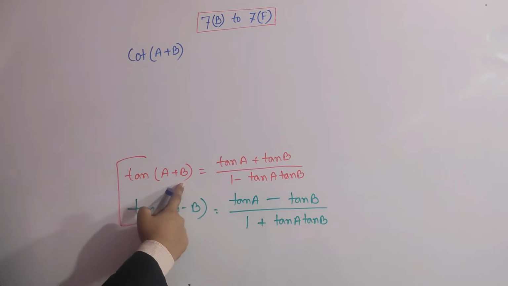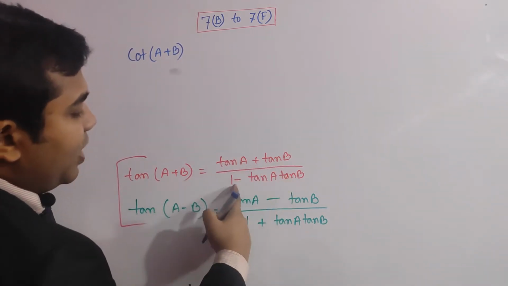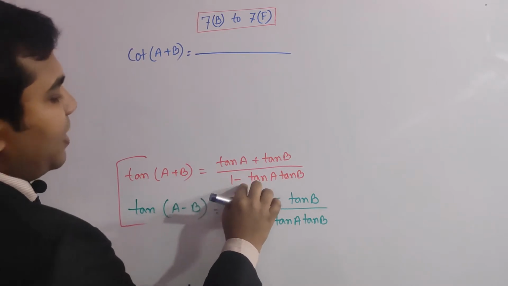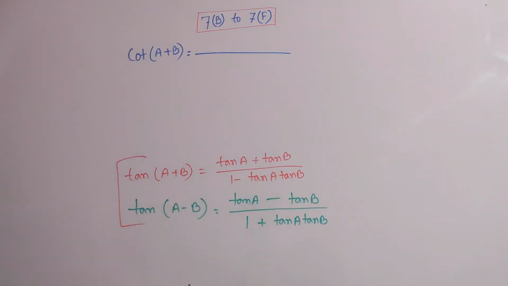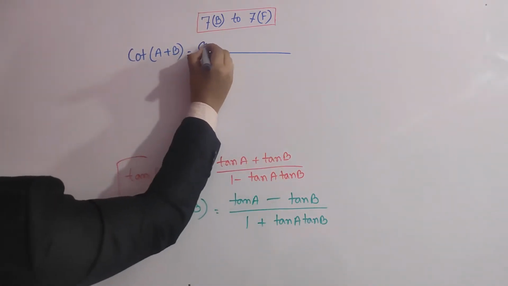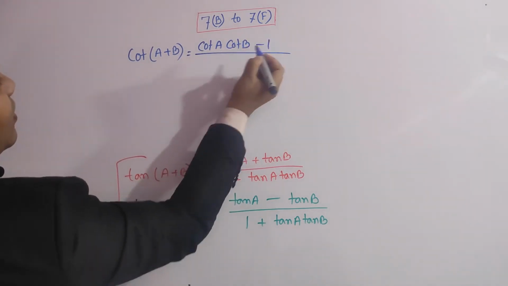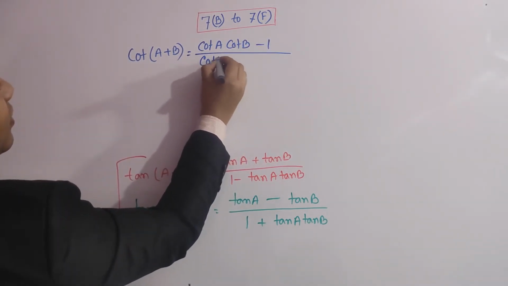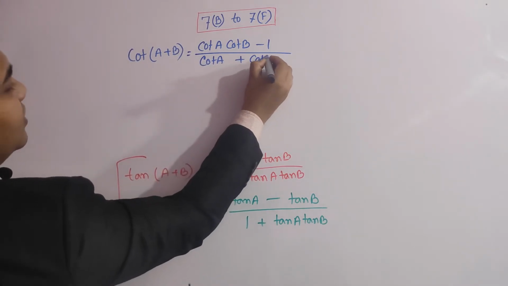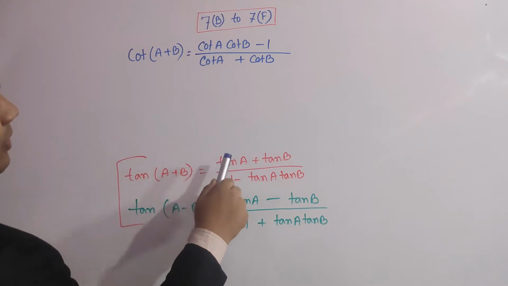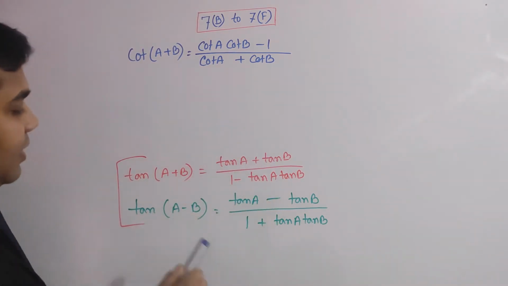Tan A plus B is tan A plus tan B over 1 minus tan A tan B. So for cot, from here, 1 minus cot A cot B. We can write it this way: cot A cot B minus 1 divided by cot A plus cot B when it is plus.